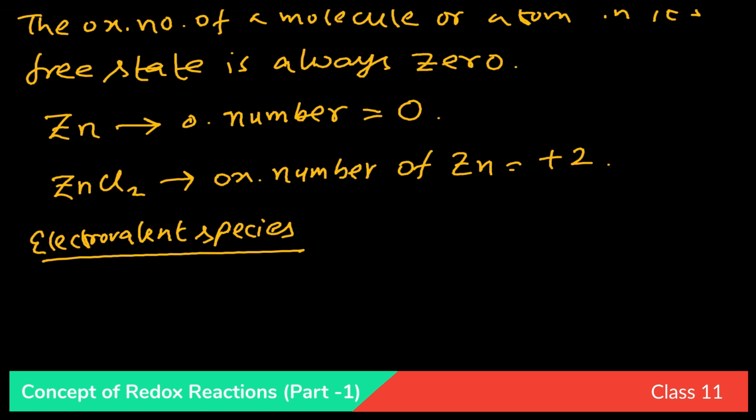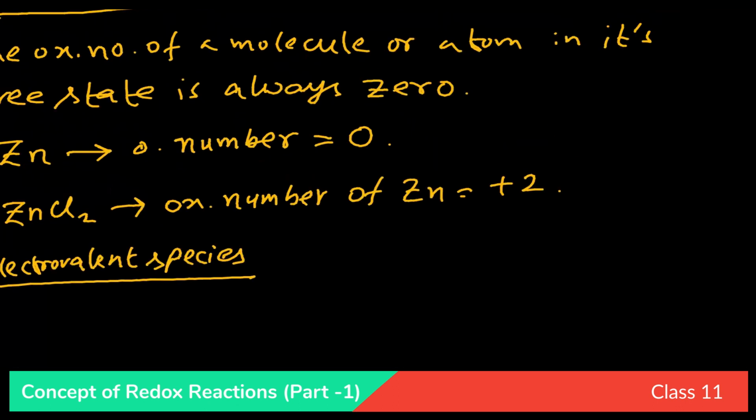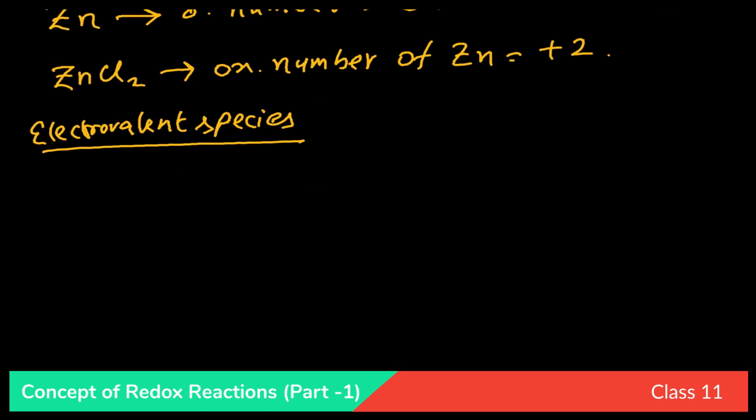We will discuss with an example. Suppose this is my NaCl. During the formation of ions, what will it produce? It will produce Na+ and Cl-.